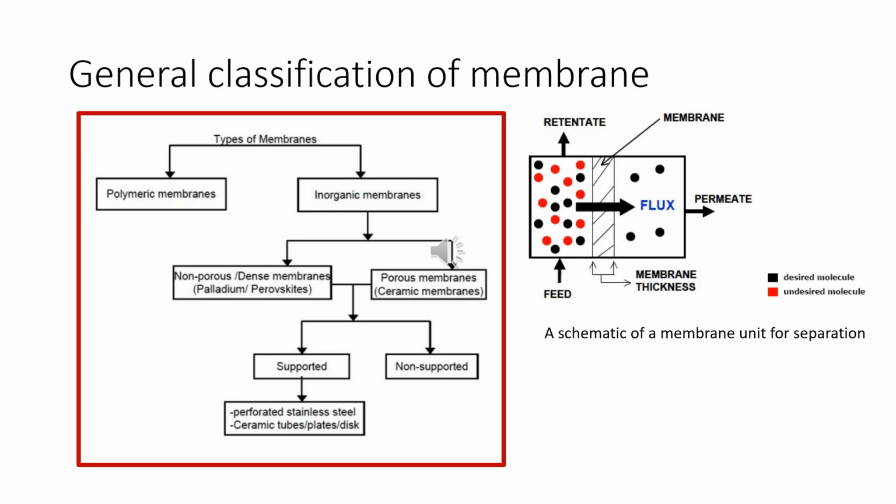If you take a look at the figure on the left side here, it shows the general classification of membranes. Basically, we can say that a membrane is essentially a barrier which separates two phases and restricts transport of various chemicals in a selective manner.